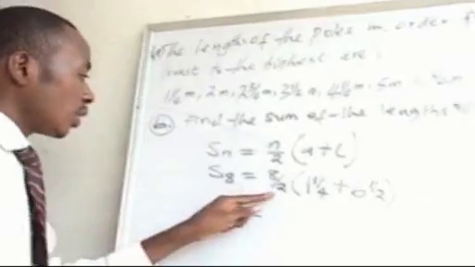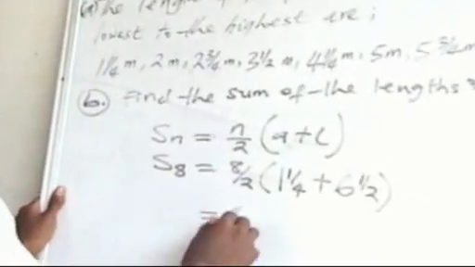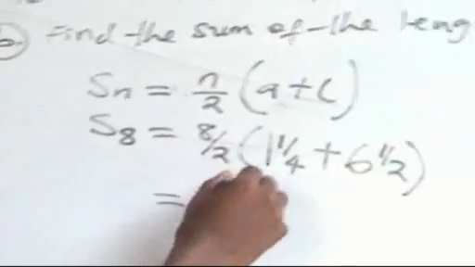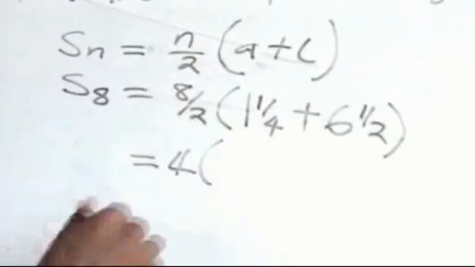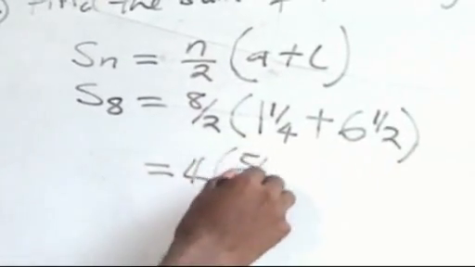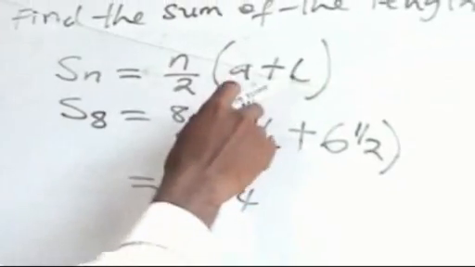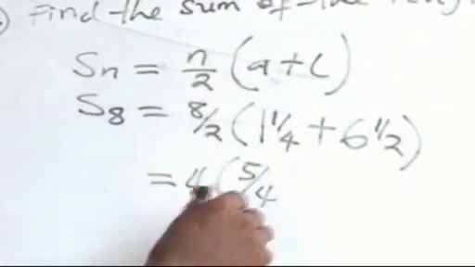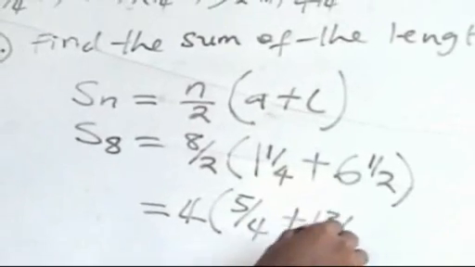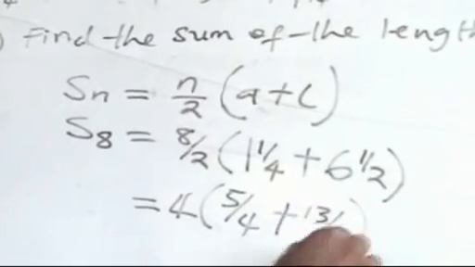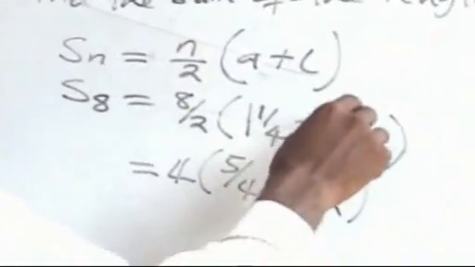This will give us 8 divided by 2, which is 4, into 1 whole number 1 over 4, which is the same thing as 5 over 4. That is 4 times 1, 4, plus 1, 5 over 4, plus 6.5, which is the same thing as 13 over 2, that is 2 times 6, 12, plus 1, 13 over 2.